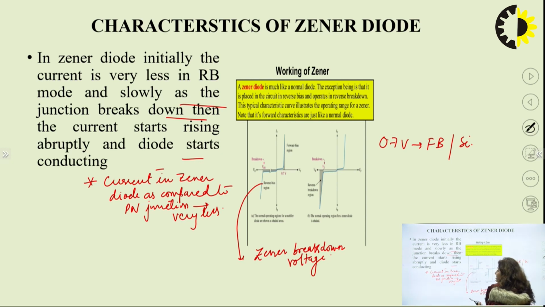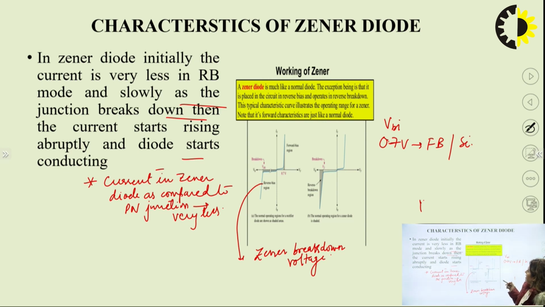So if we take silicon type of Zener diode, it has a 0.7 volt built-in potential, or knee voltage, you can say. Similarly, the shaded region shown here is the reverse breakdown region, and here the diode conducts abruptly.